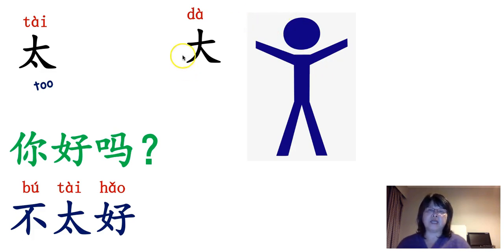So 大 means big, and we put a dot underneath 大. It's too big, too, or too good. Now, let's practice. Say after me. 你好吗? 你好吗? 不太好, 不太好. Not very good.